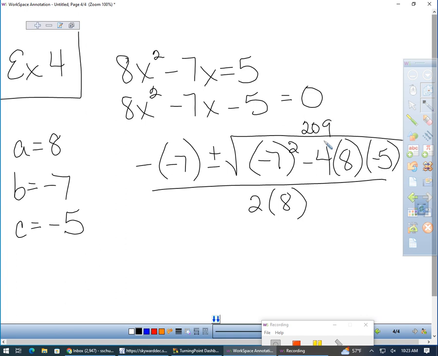Did you put parentheses around your negative 7? All right, so remember we're going to be square rooting this in just a second. If I have a negative and a negative together, this sandwich, so I start with a positive 7 plus and minus the square root of 209.